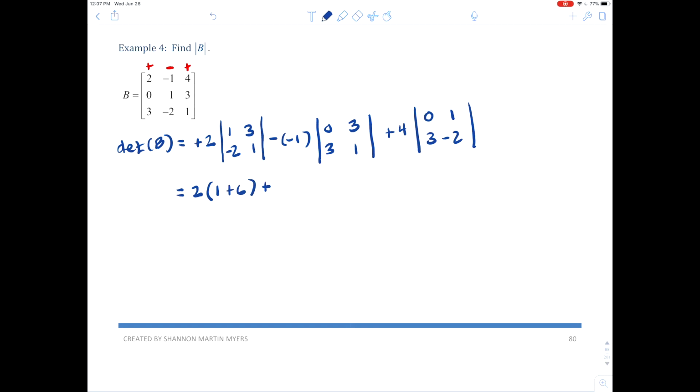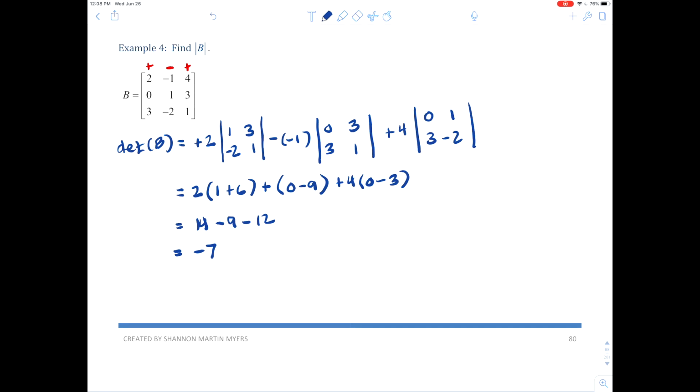And then minus a minus 1 is plus 1. And we'll have 0 minus 9 inside to evaluate that determinant. And then plus 4 times, good, 0 minus 3. Continuing, what will we have? 14 minus 9 minus 12, which will give us negative 7.